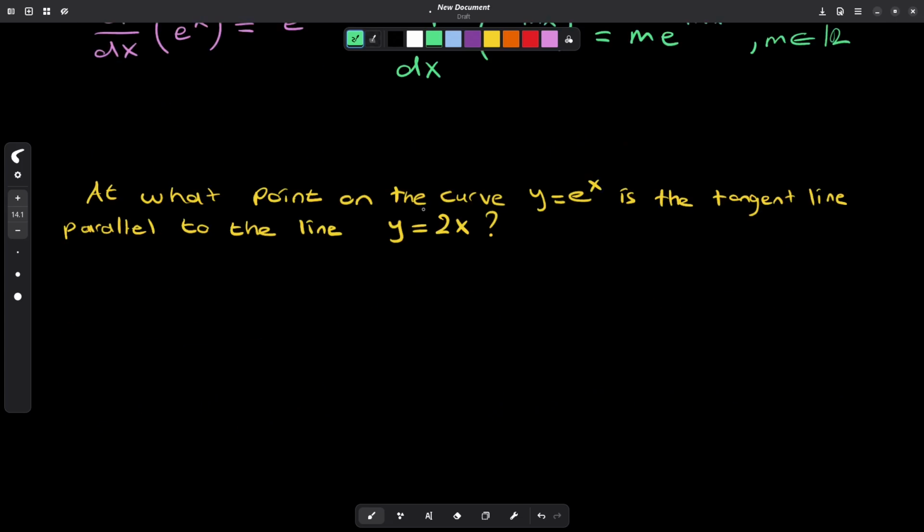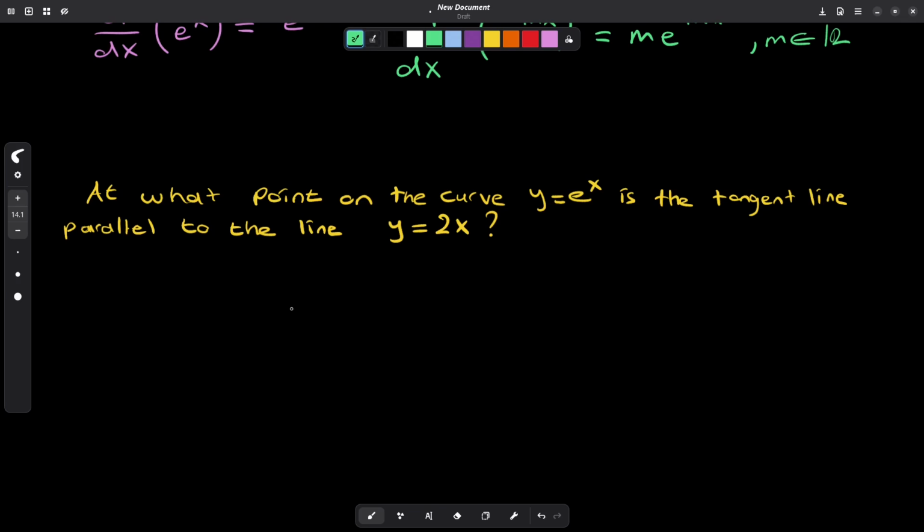At what point on the curve y is equal to e to the x is a tangent line parallel to the line y is equal to 2x? Okay, this requires some geometry knowledge, but if we have two lines and we want them to be parallel to each other, what do we need? They should have the same slope, right? So what is slope? Derivative.